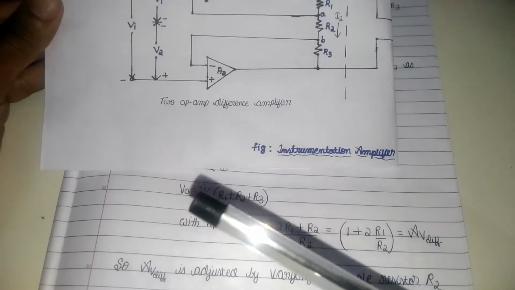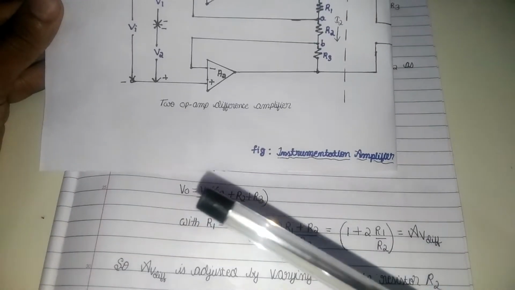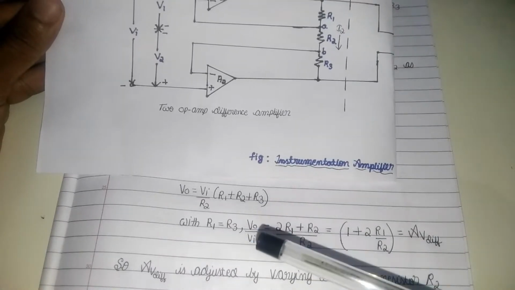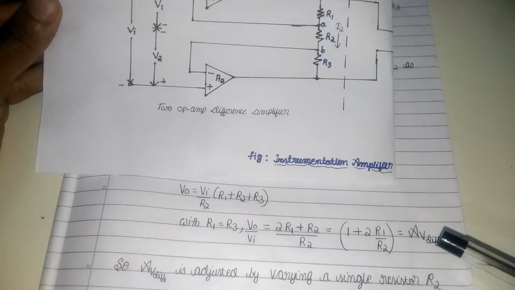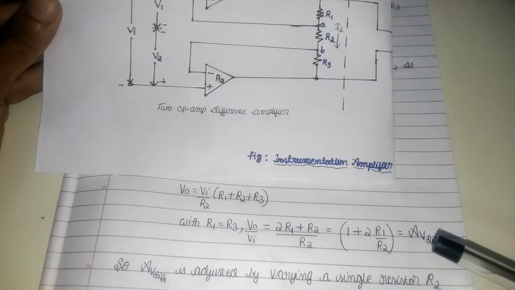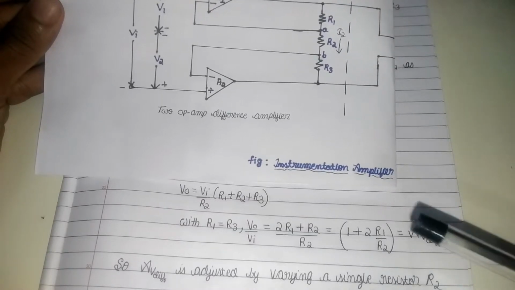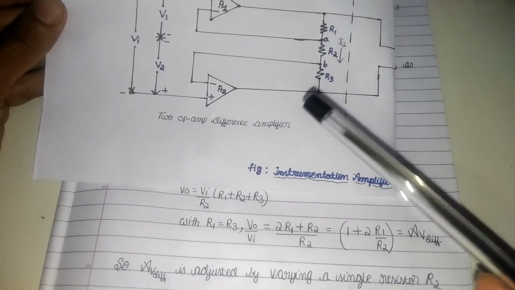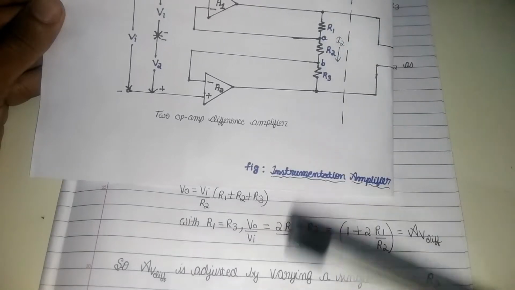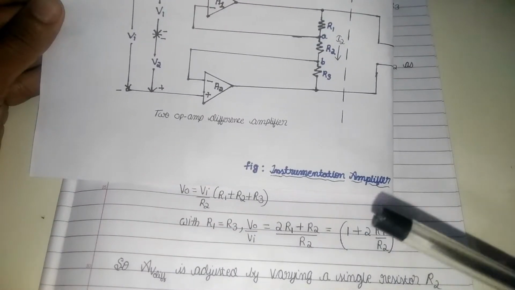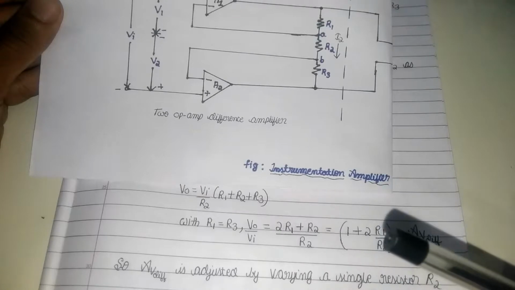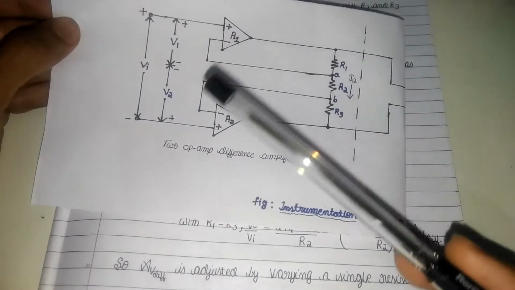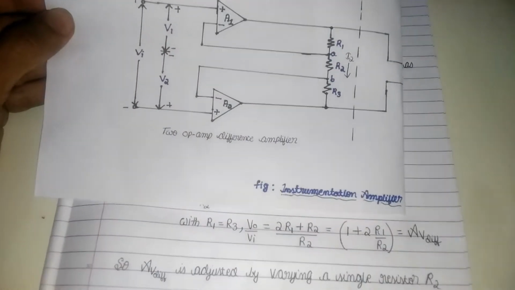Here the input voltage is taken to the left hand side, and therefore the output voltage divided by the input voltage gives us the differential voltage gain. That is 2 into (R1 + R2) divided by R2, which can be expressed as 1 + 2R1/R2. This is the gain obtained by the two op amp difference amplifier.